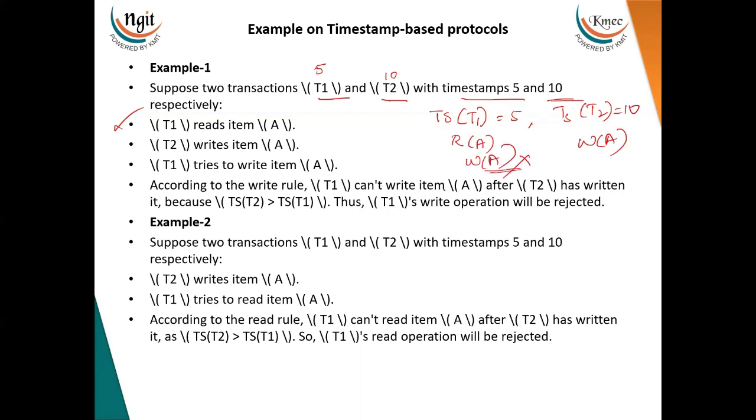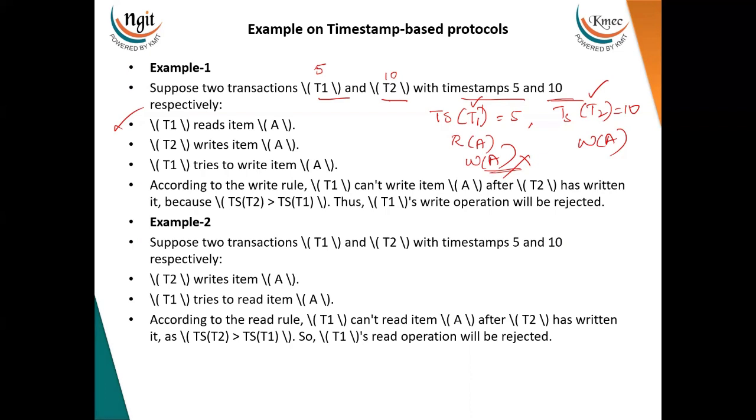T1 cannot perform the write operation on A. It is because the timestamp of T2 is greater than the timestamp of T1. So when some timestamp is given in that particular time interval, T1 has to perform the operations. As it fails to do so, and it is trying to interfere with the execution of T2, the T1 transaction will be rejected and rolled back.